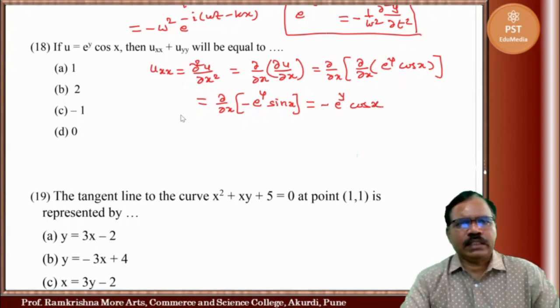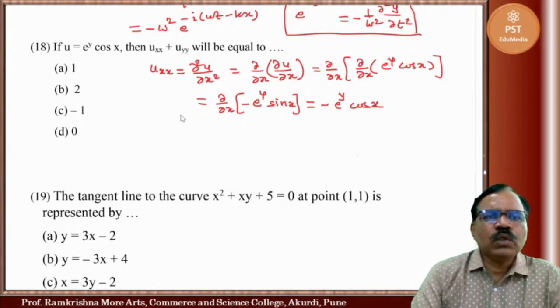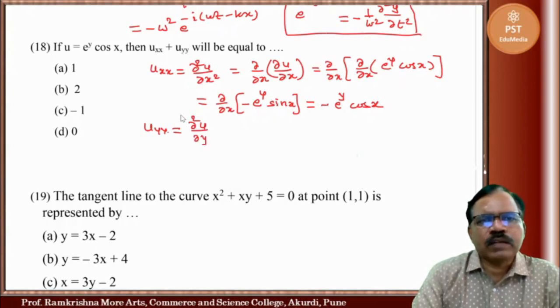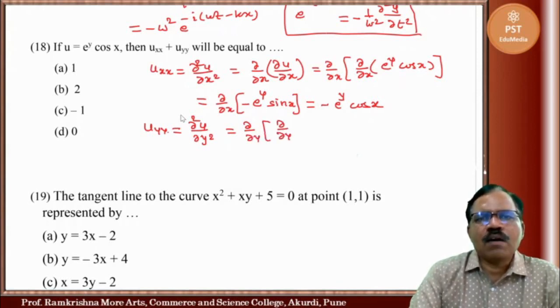This is cos x. Now u_yy, that is equal to ∂²u/∂y². So here ∂/∂y of ∂/∂y of e raised to y cos of x.